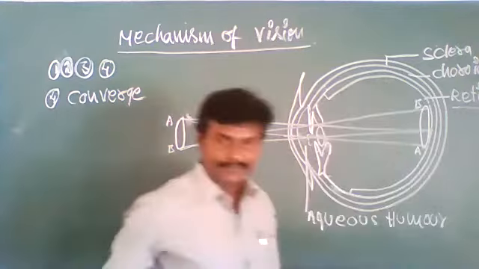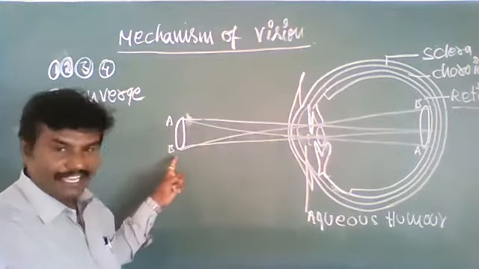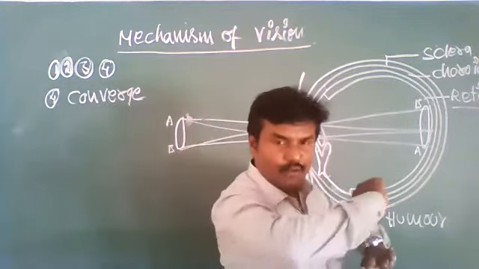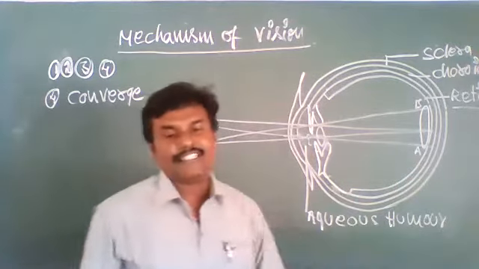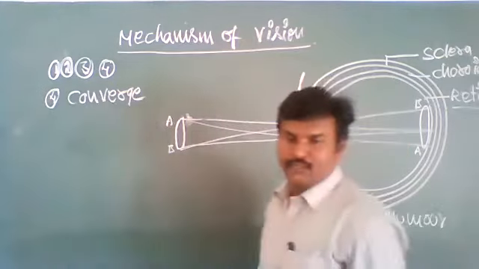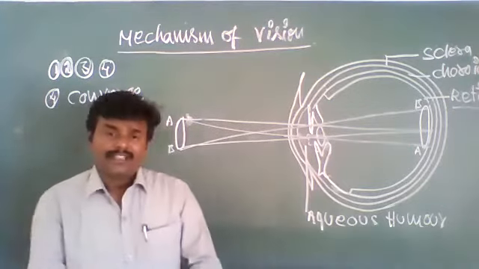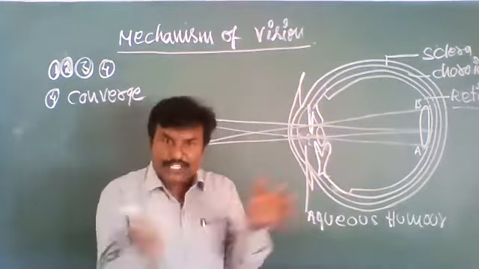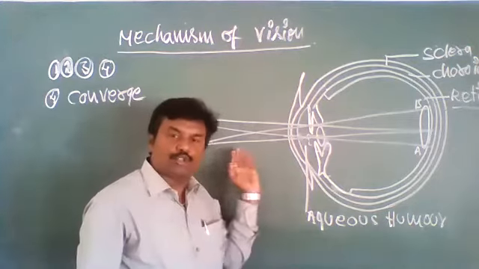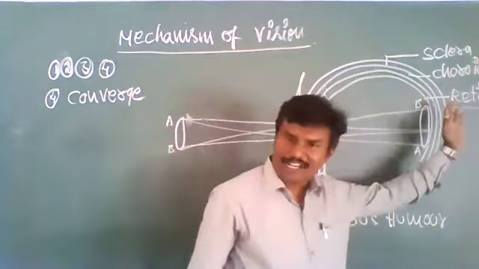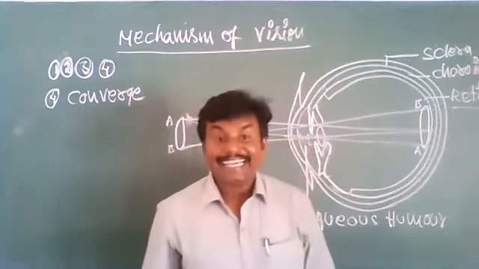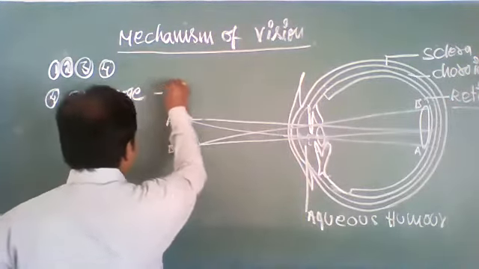Here, AB on the retina would be an inverted image. This is the fourth statement: the rays of light come together as they pass through the various parts of the front portion and finally focus on the retina in the form of an inverted image.